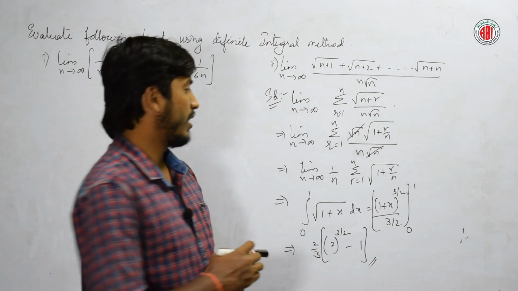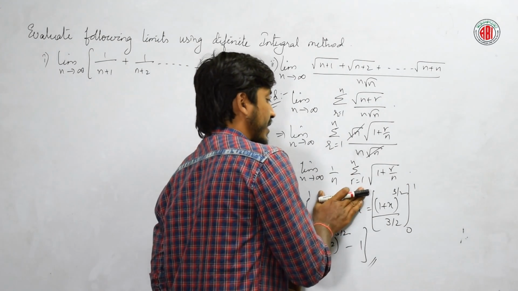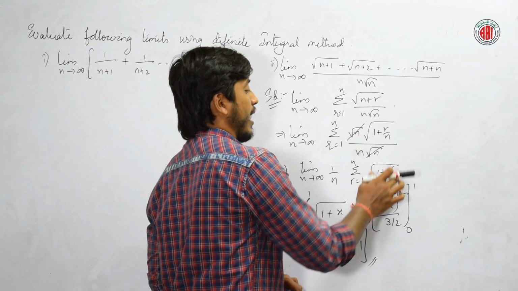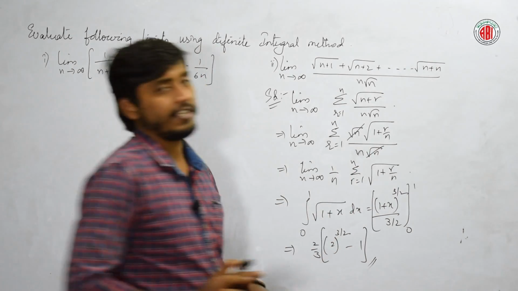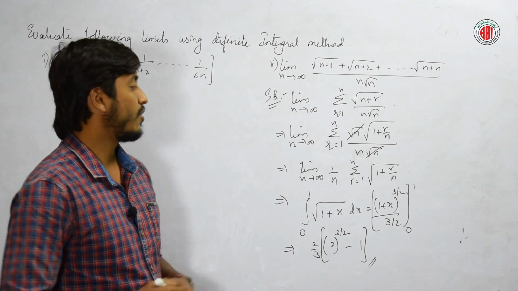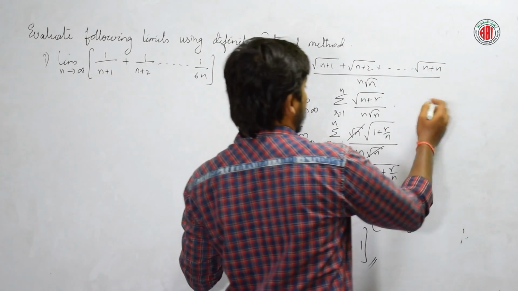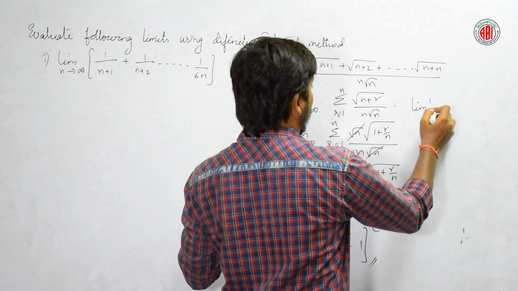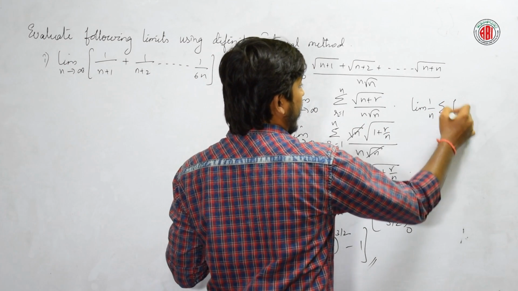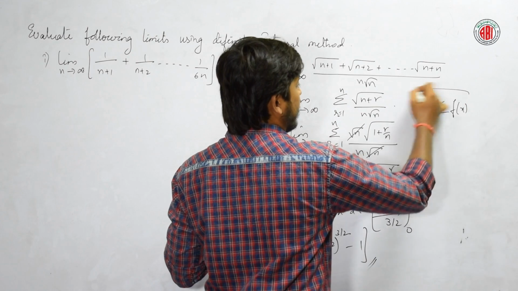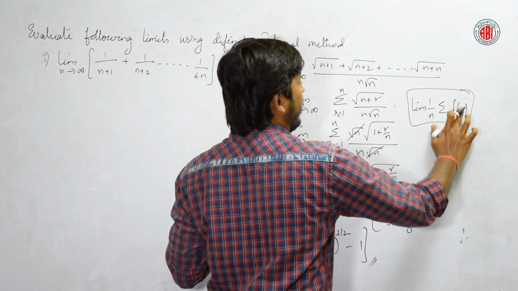Clear? The only thing you have to remember is, after getting this kind of function, you have to take r by n as x, and this is our integral function. Clear? So, the generalized form I will tell you: this should be in the form of limit 1 by n summation f of x, or simply f of r by n.